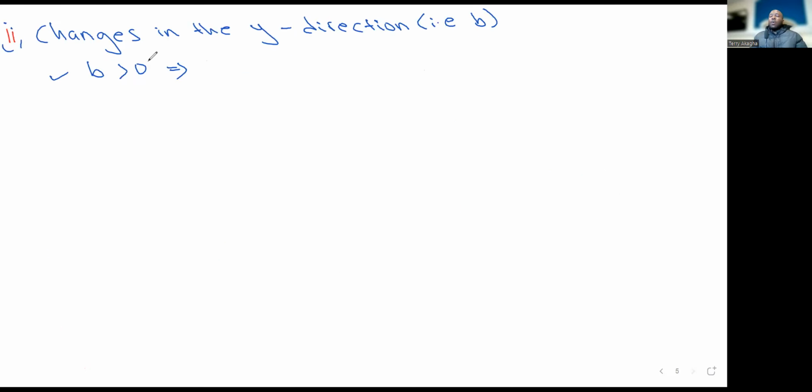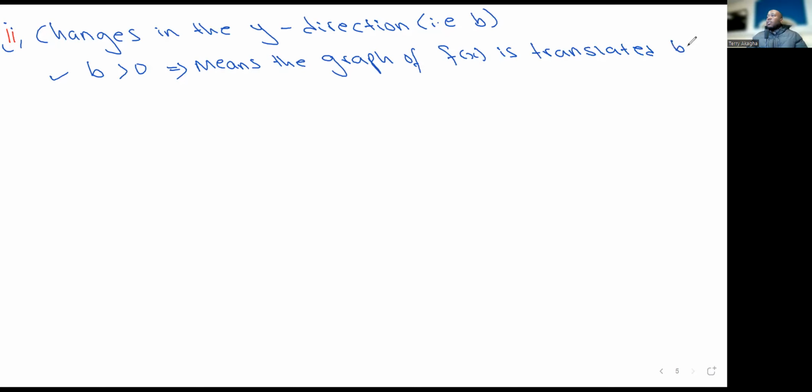When you're solving and you put it in the general translated form, and you notice your B is greater than 0, it means the graph of f of x is translated by B units.